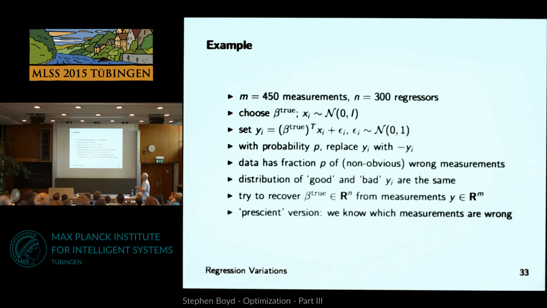Then we'll generate the measurements from the true model and add noise. Now we're going to do something simple: we're going to add outliers. But let's talk about outliers for a minute. If you look at a data set and the y's are all in the range of plus or minus 1, and all of a sudden one is 1e+8, you know it's an outlier.